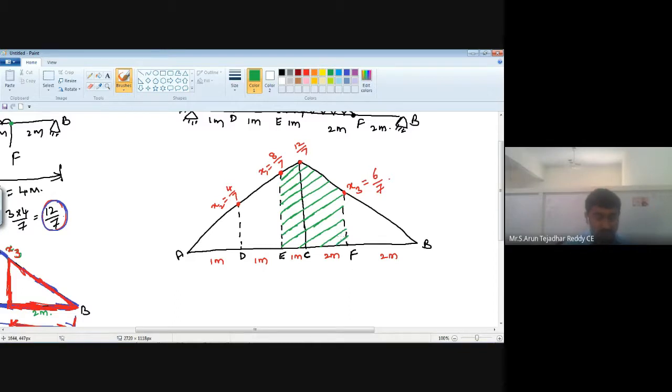Is it okay? Now find out bending moment at C. One is left portion, other one is right portion. Because both side we are having ordinates, so we can calculate both portions here.